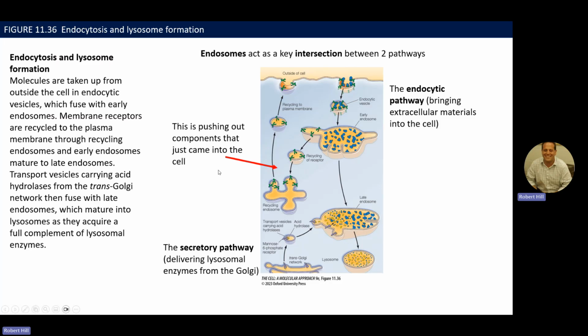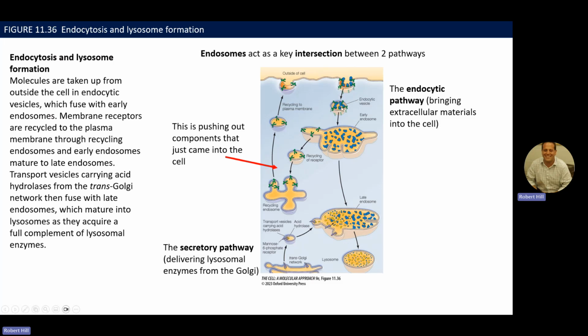So this figure is good in summarizing this. You've got two pathways going on here. You've got the secretory pathway. So here we can see, here's the outside of the cell. The secretory pathway is pushing things to the plasma membrane to get released. The endocytic pathway is pulling particles into the cell to get processed.